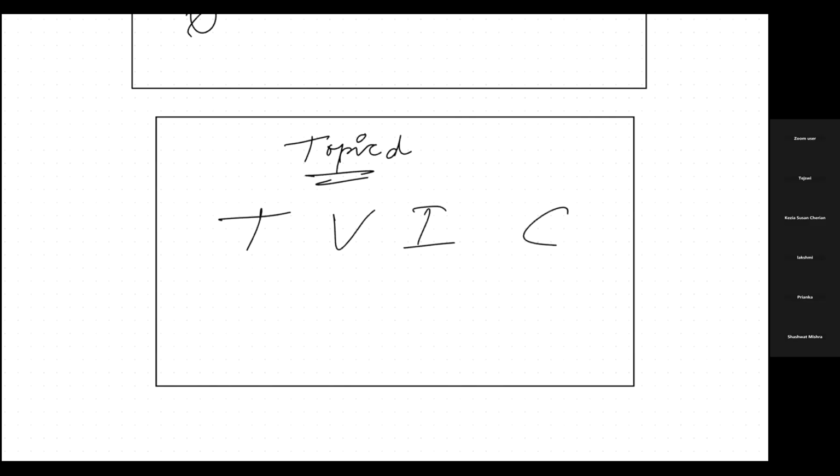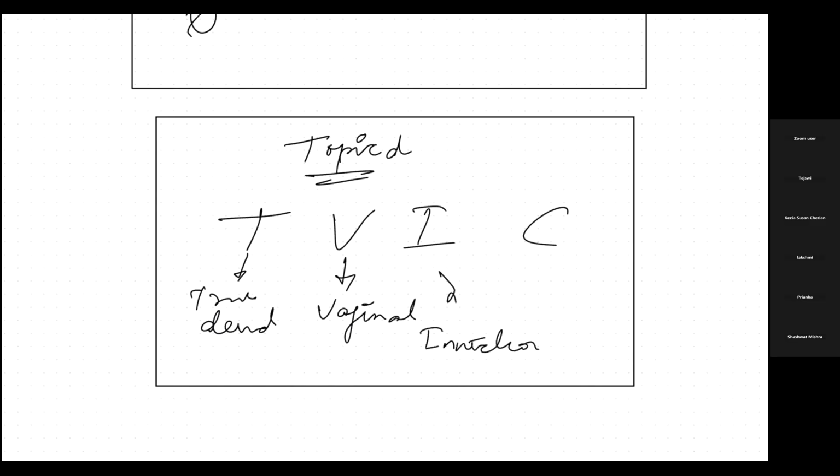Topical is TWEAK. What is TWEAK? Transdermal, vaginal, inunction, or conjunctival. So these are the routes through which topical administration can be done.